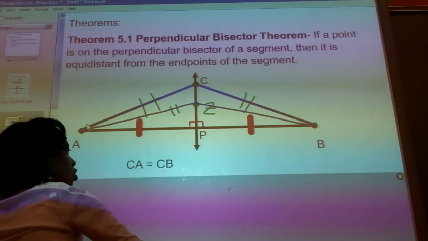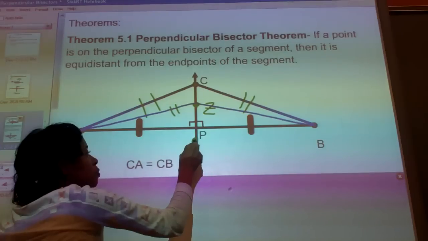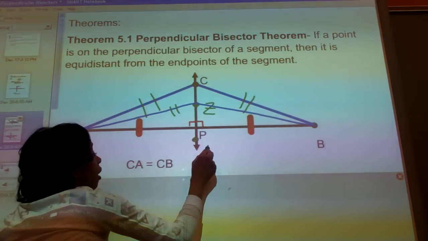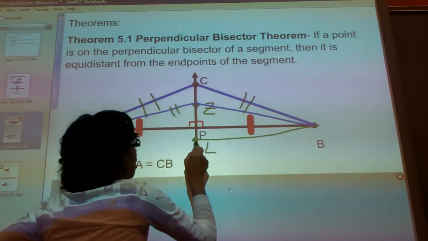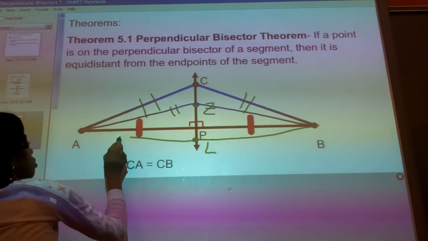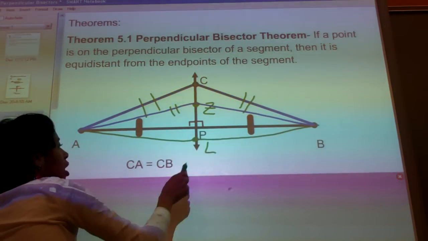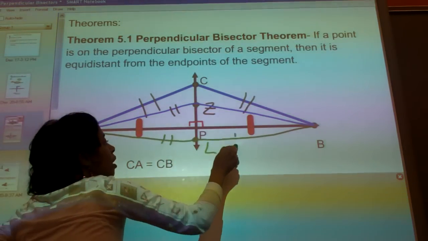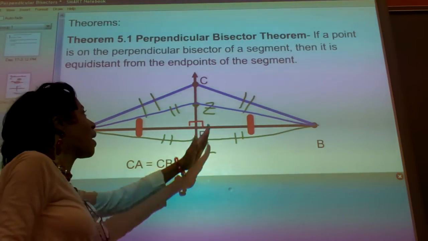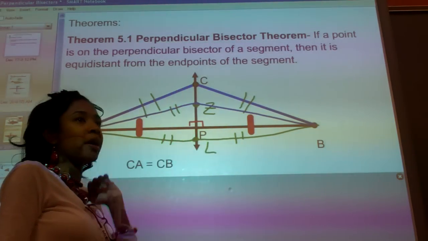So finally, I call this point down here L. And I connect L to A and L to B, and if they were straight lines, I'm just drawing freehand, LA would be congruent to LB because point L lies on the perpendicular bisector.